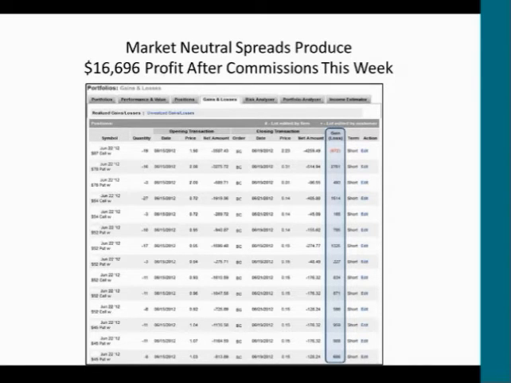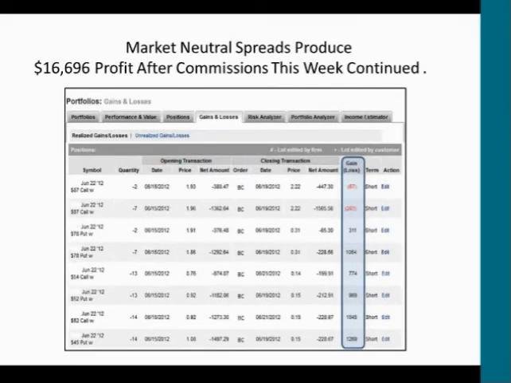But again, the strategy produced over a $16,000 profit after commissions, as of this week, as of today. And here's my other account. So overall, this strategy has been doing very well in this kind of market, because you're taking advantage of these price swings and you're on both sides of the market. So when you do that, you can really make out well in this kind of market.